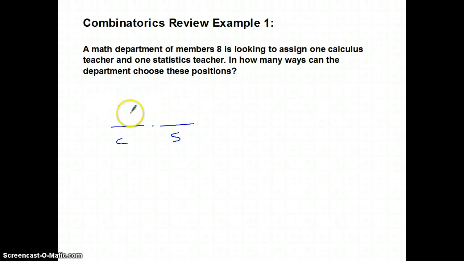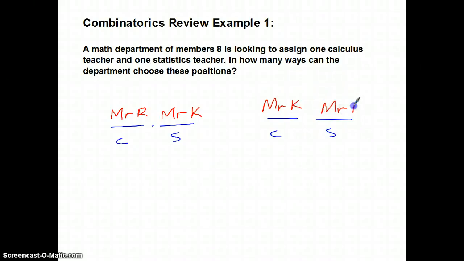So if Mr. R has been picked as the calculus teacher first, and then Mr. K is then picked as the stats teacher, that order would be different than if we first picked Mr. K and then Mr. R. So is this order mattering?